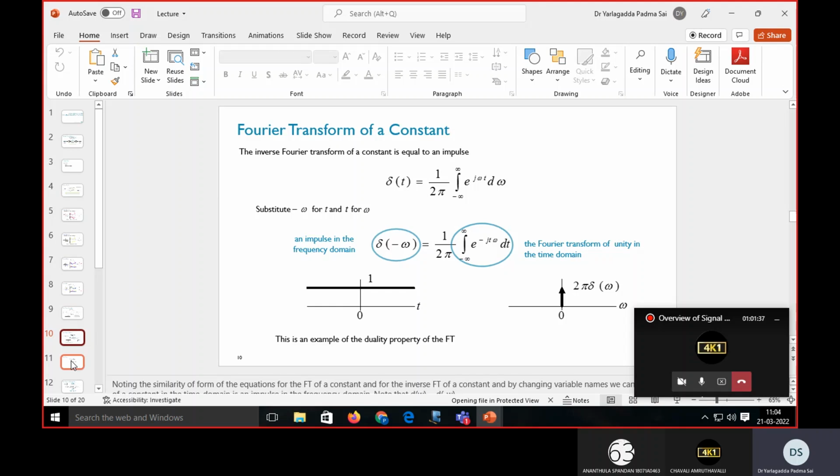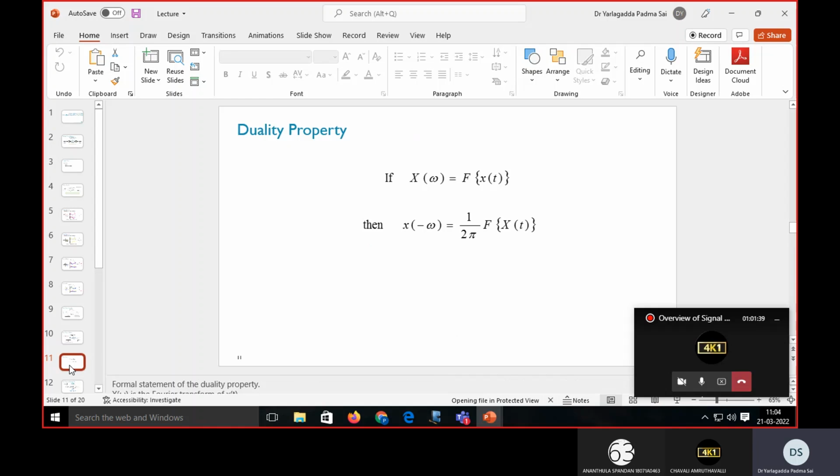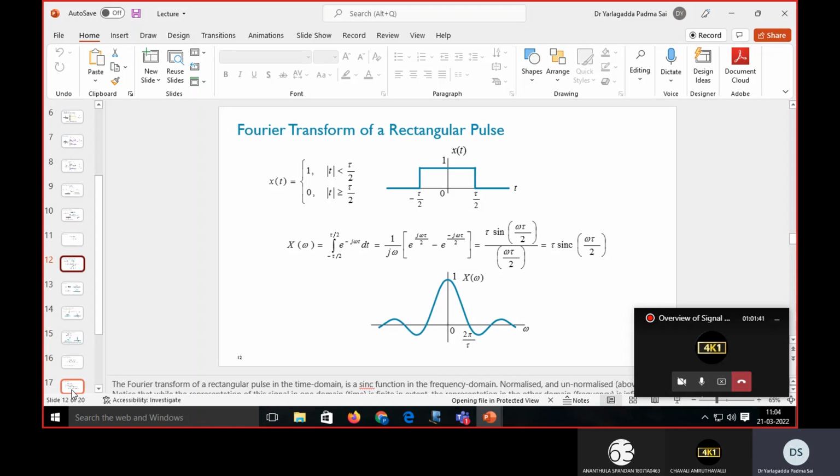Please remember some of the important duality property also, and the rectangular pulse, which is very important. Why? Because we use the rectangular pulse when we are shifting from Fourier series to Fourier transform in BP Lathi. When you start from the known concept of vectors, two vectors are orthogonal to each other when the dot product is 0.